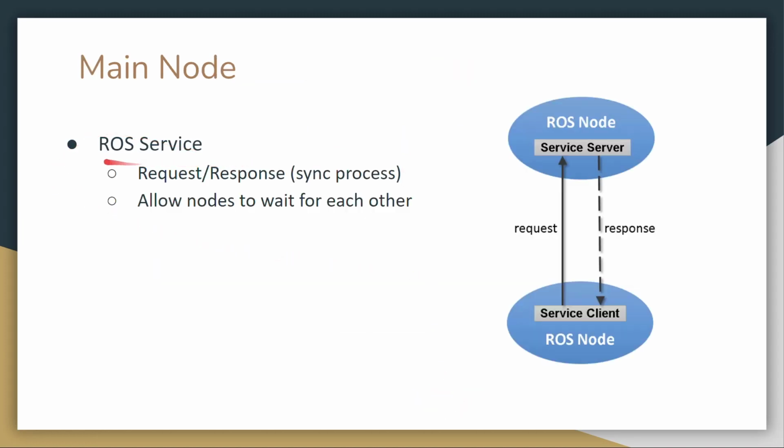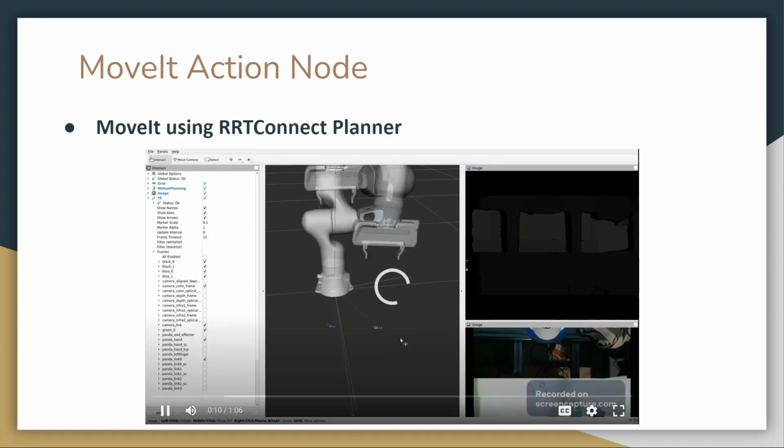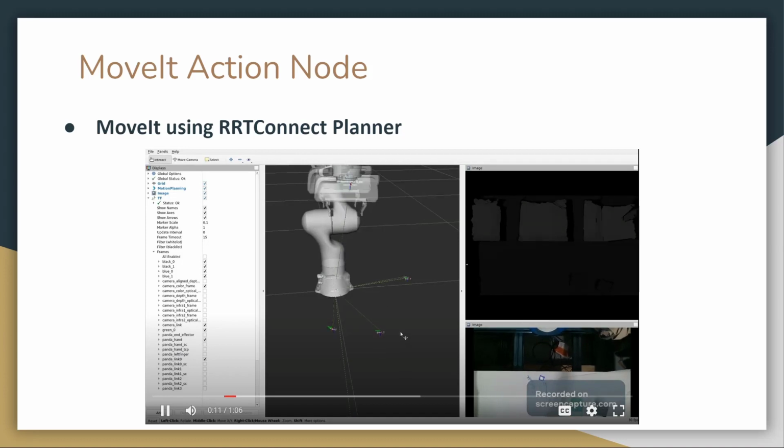When it comes to the main node, we implemented it to communicate with other nodes using ROS service because we want it to be a synchronous process. It allows the nodes to wait for each other, so we make sure every execution is done, then we move on to the next step. The moving action node is implementing the RRT-Connect planner.